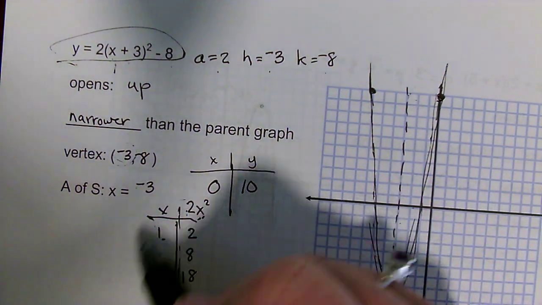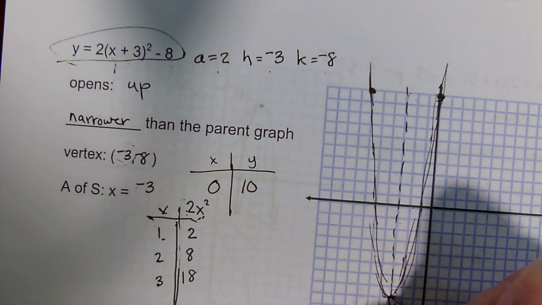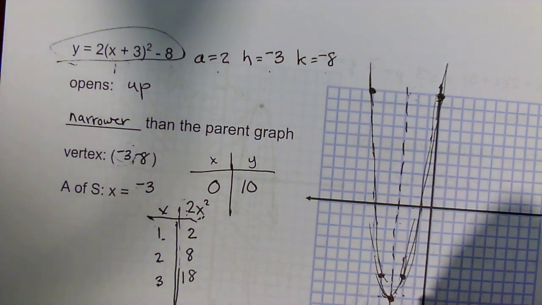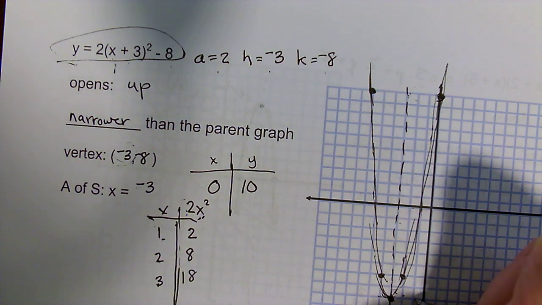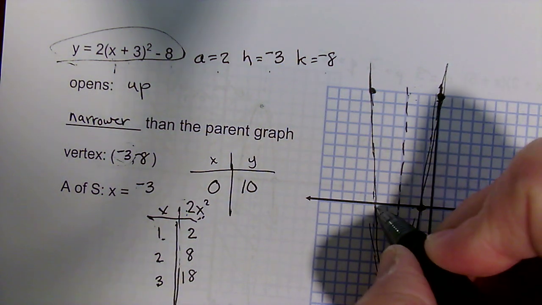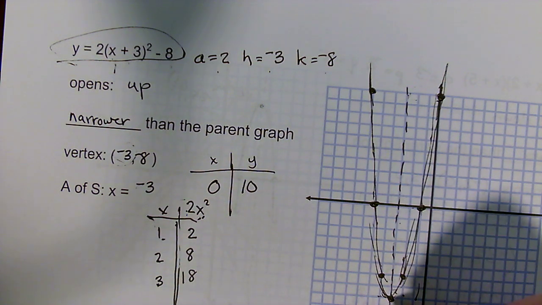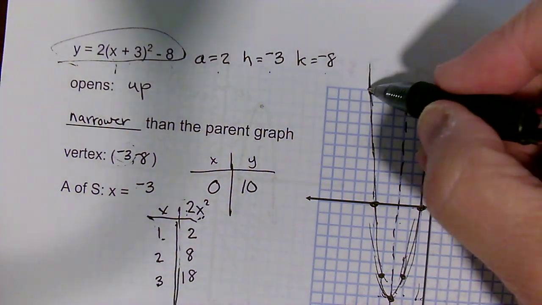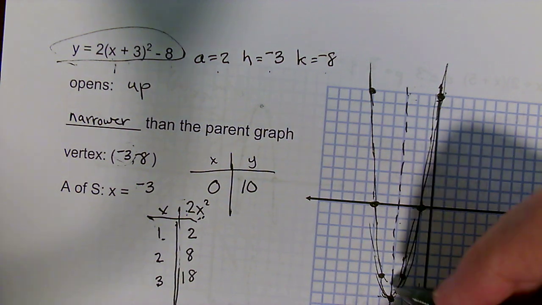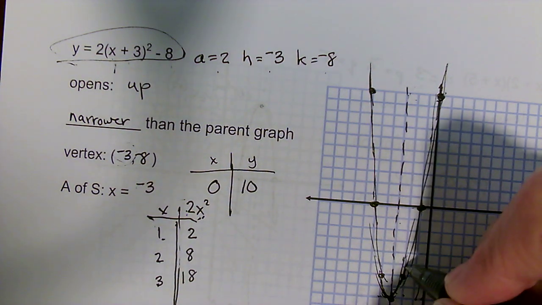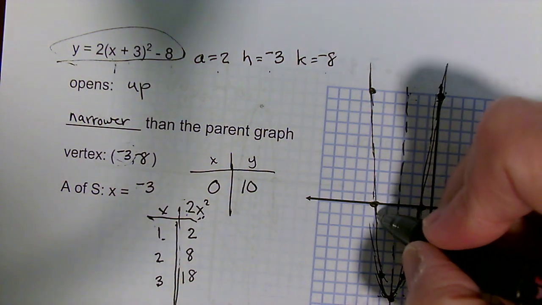So remember, when I do it this way, I'm counting from the vertex. Right 1 up 2 and reflect it. Right 2 up 8. Those are my 2 x-intercepts. And reflect it. Right 3 up 18. Those were these 2 points. So that can help you be a bit more accurate when you're drawing your parabola.